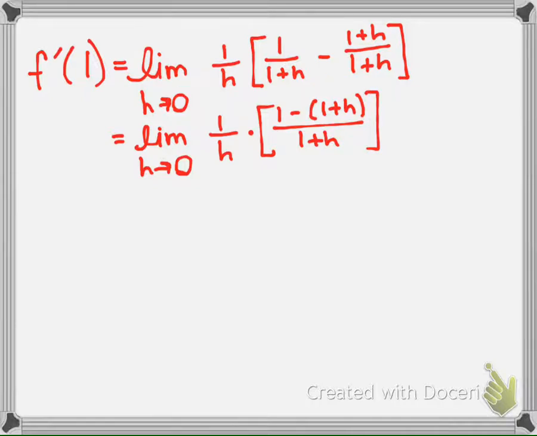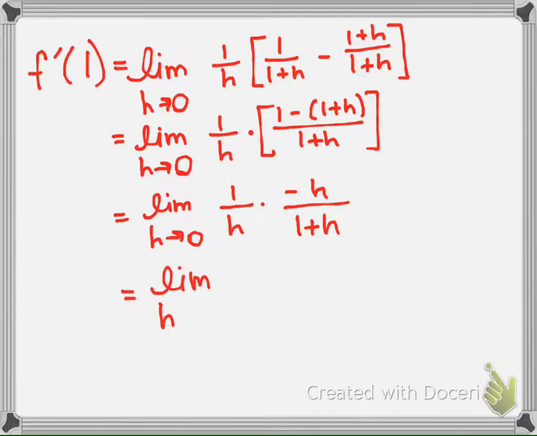So now I can distribute the minus sign, and I get the limit as h goes to 0 of 1 over h times negative h over 1 plus h. And now I have a factor of h in both numerator and denominator, so they cancel. So I have the limit as h goes to 0 of negative 1 over 1 plus h.